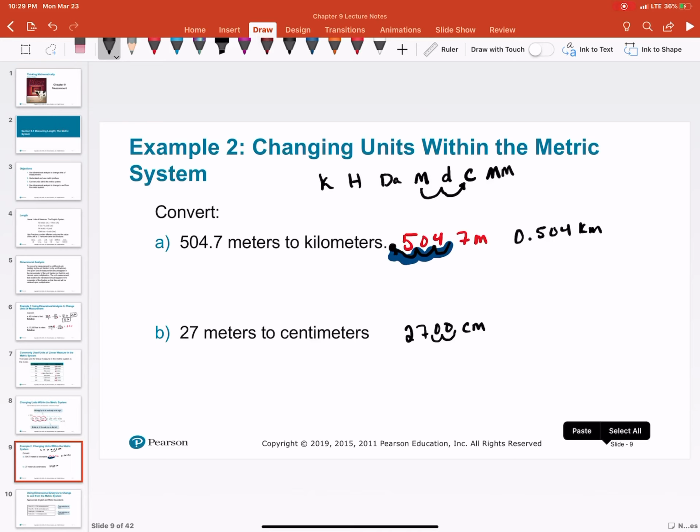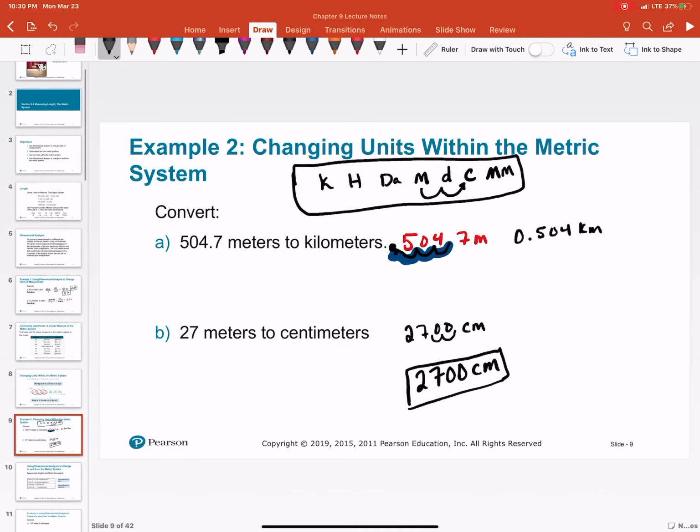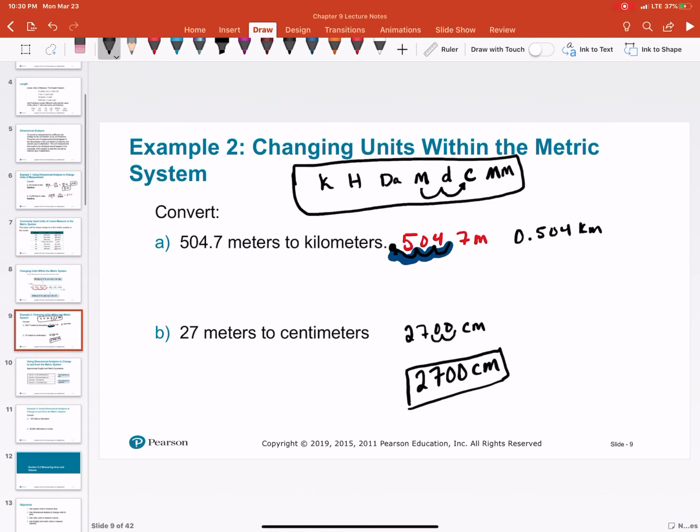That's why we have two zeros up there. So it'll be 2,700 centimeters. If you write it like this on your paper, you'll never get the answer wrong if you move in the right direction. Make sure if you're confused about something, you ask me about it.